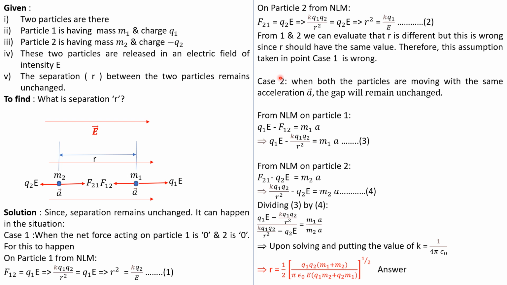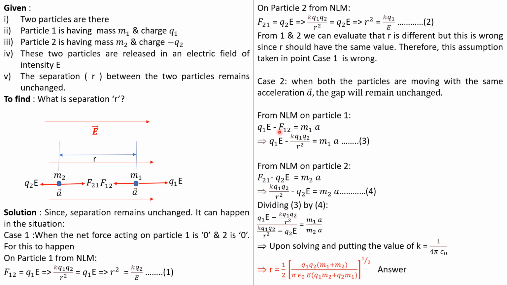Now what will be the second case? The second case is when both particle 1 and particle 2 move in the same direction with the same acceleration; the separation will remain the same.